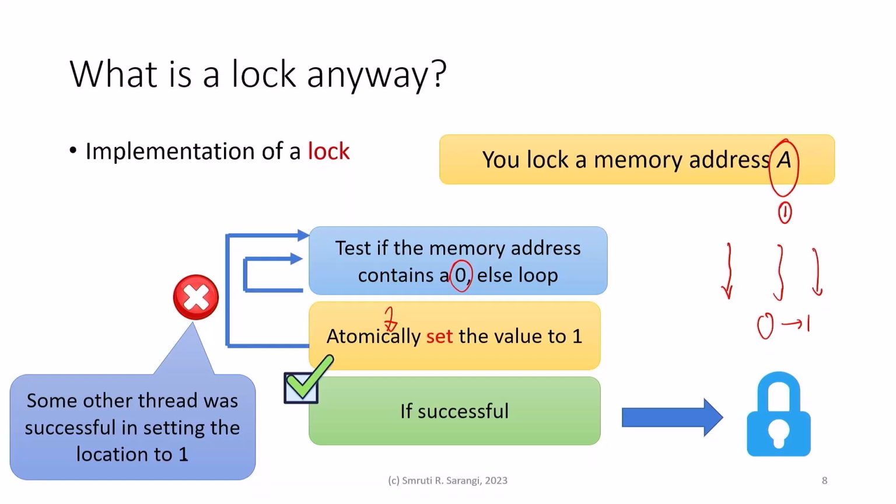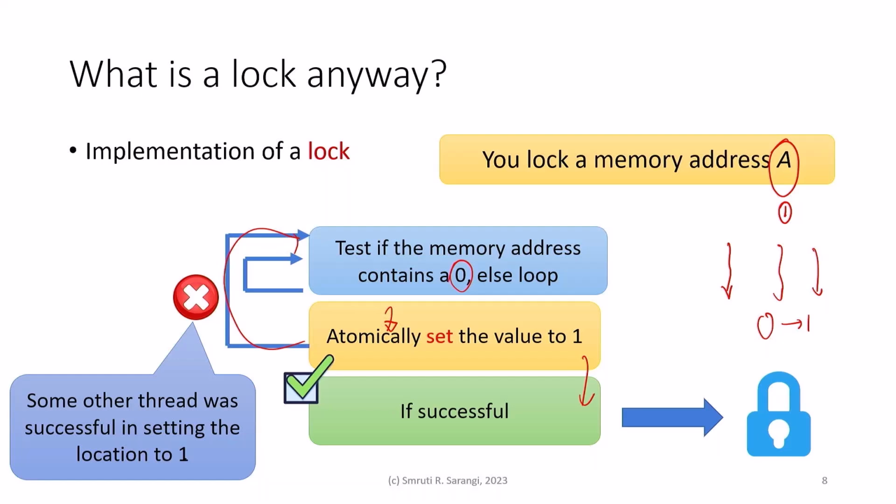If you were successful, the return value will be 1. Otherwise, the return value will be 0, which means you are not successful. If you are not successful, you will go back to the test and keep trying again. In case you are successful, then you can go ahead and access the critical section.